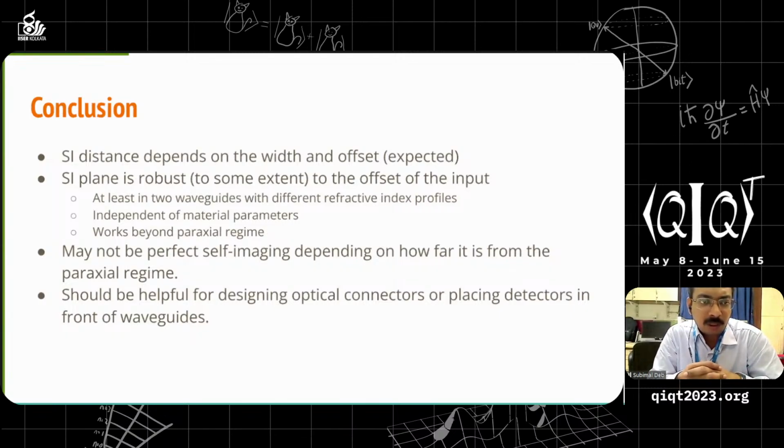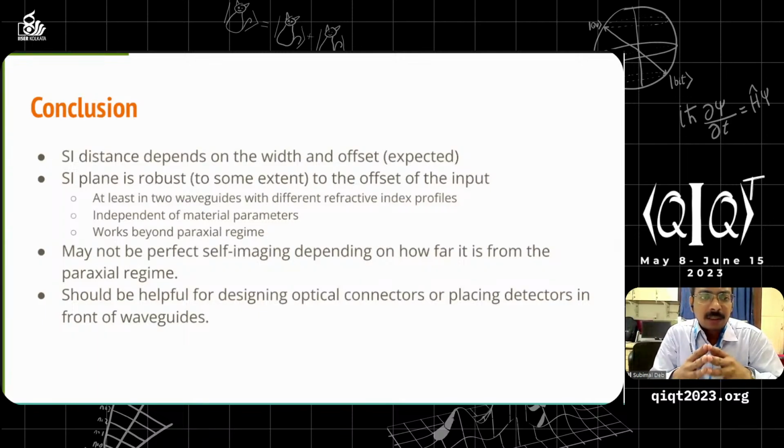But one must keep in mind that you do not make the offset too large, because one would then excite only the higher order modes. So we keep the offset close enough so that we do not excite too many of the higher order modes, and we find that the self-imaging plane remains stationary at a fixed value of the input beam width.